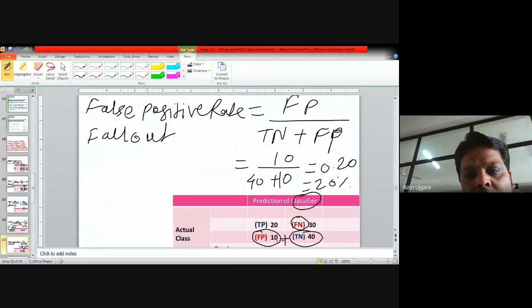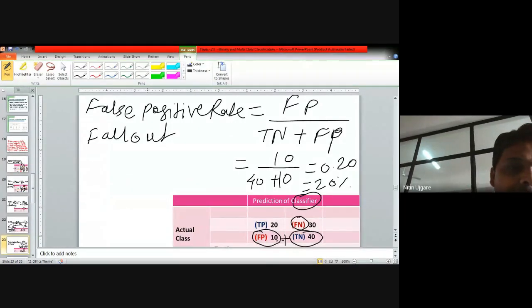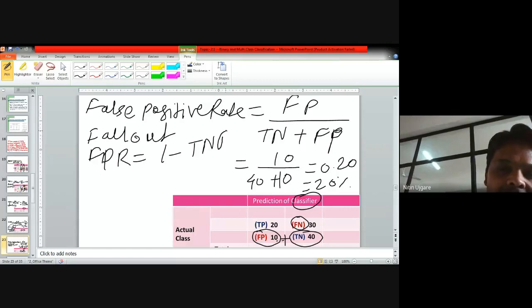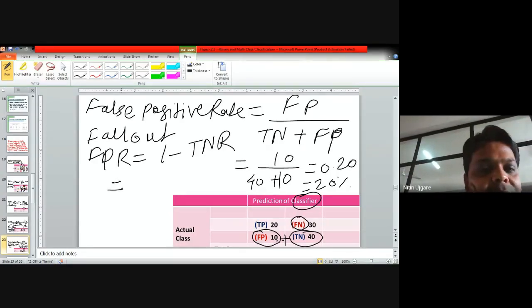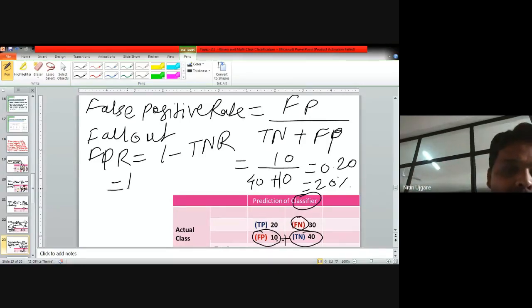This false positive rate, FPR, is also represented as 1 minus TNR, and we can prove that the false positive rate is always equal to 1 minus the true negative rate. How do we know the formula for the true negative rate? It is TN divided by FP plus TN.